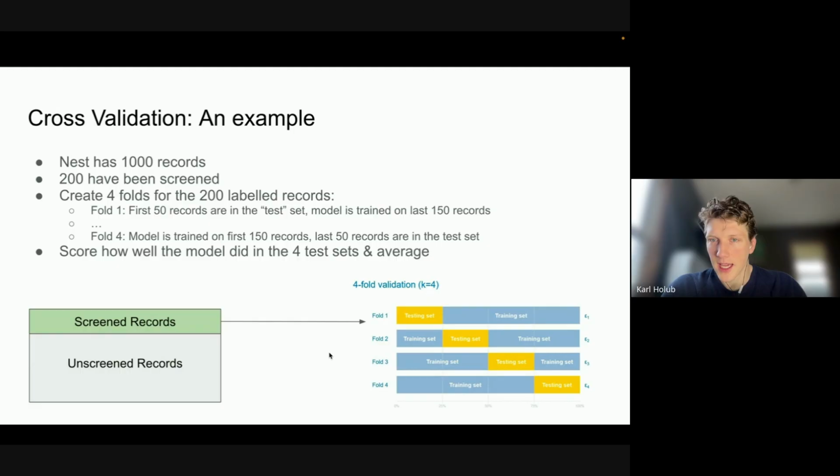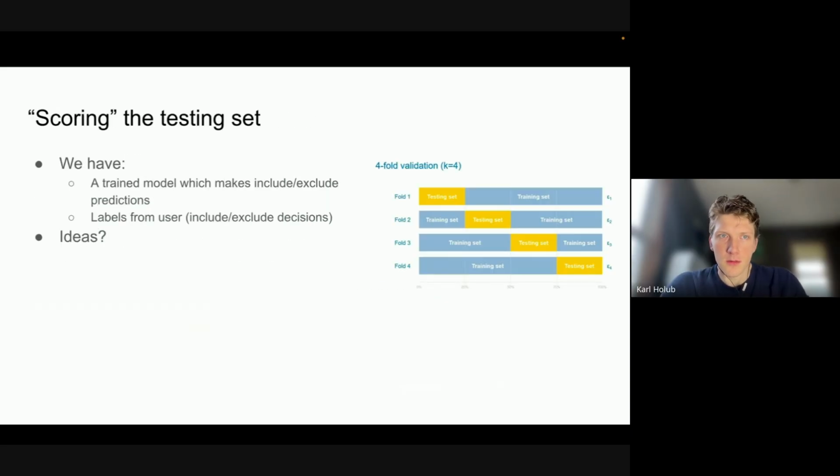So in other words, the game we're playing here is we're kind of pretending like some of our labeled records are actually unlabeled, and then using that to predict how we will generalize to future records. So there's one kind of big detail here that I hand waved, which is how do we actually score these test sets?